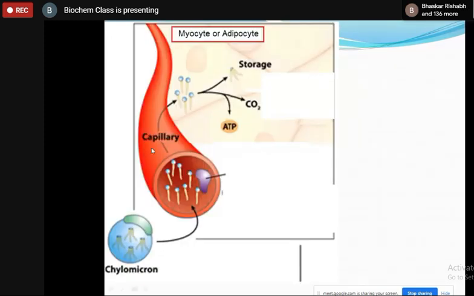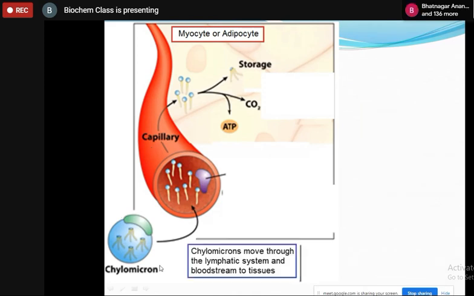The site of chylomicron formation is the intestine. Chylomicrons are then released, they move through the lymphatic system and the bloodstream to reach the tissues. Do you remember the metabolism of chylomicrons?